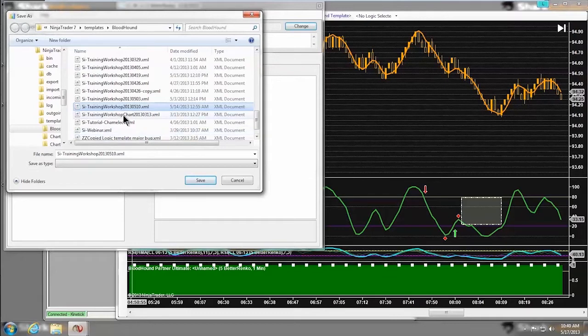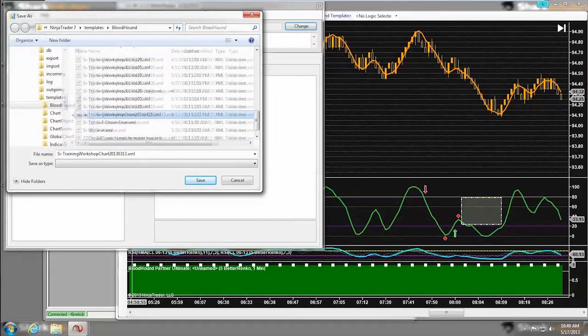To differentiate the two, I put the word chart in the file name. So actually this template file belongs over in the chart folder. There we go.